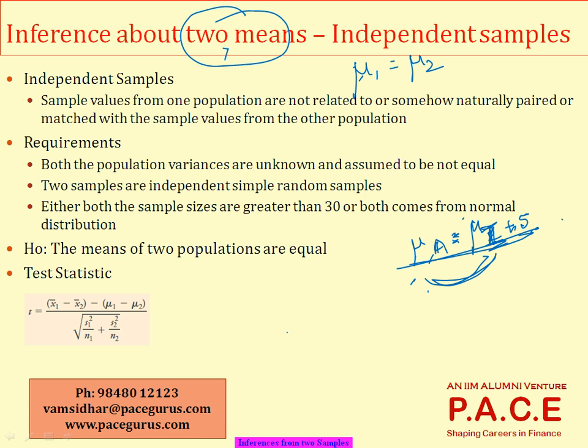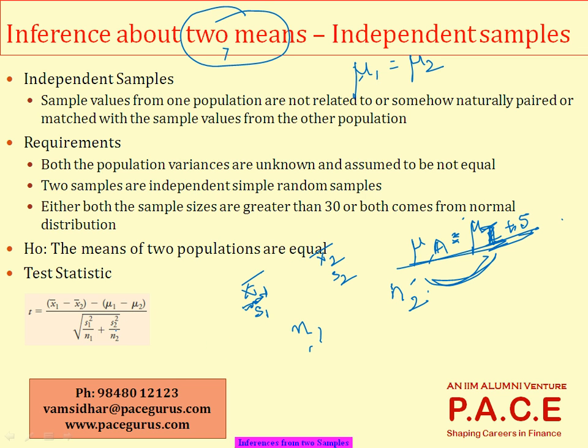Again, the same logic. Take the samples of Indians, take the sample of Americans, and find out the mean height of the Indians, x1 bar, the mean height of the Americans, x2 bar, and the standard deviations of the heights of the Indians, s1, and of the Americans, s2.